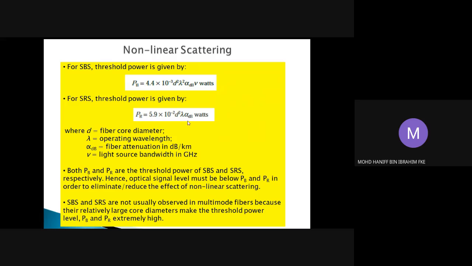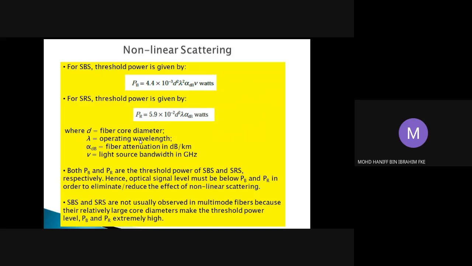From this equation, we have D, lambda, alpha, and also V for the threshold power of SBS, whereas for the threshold power of SRS, we have D, lambda, and alpha as the variables.